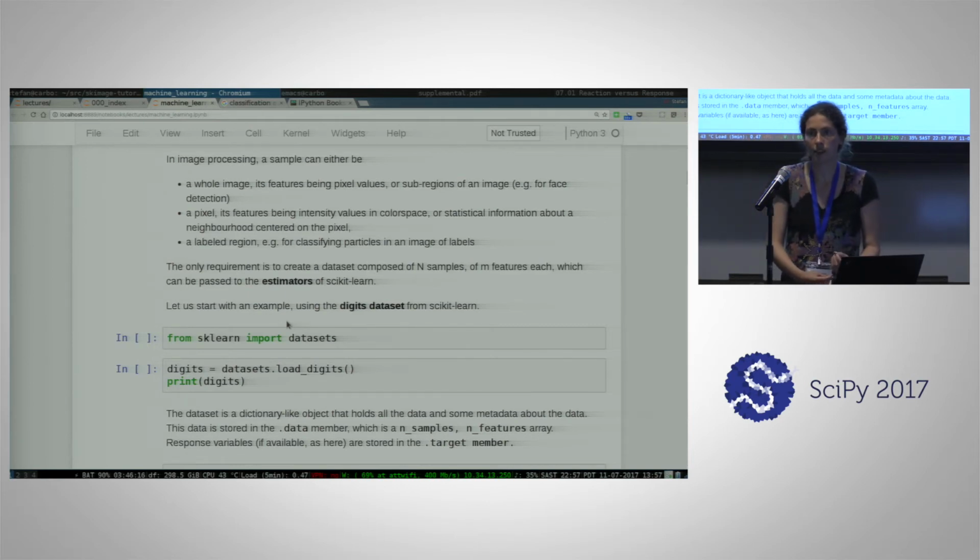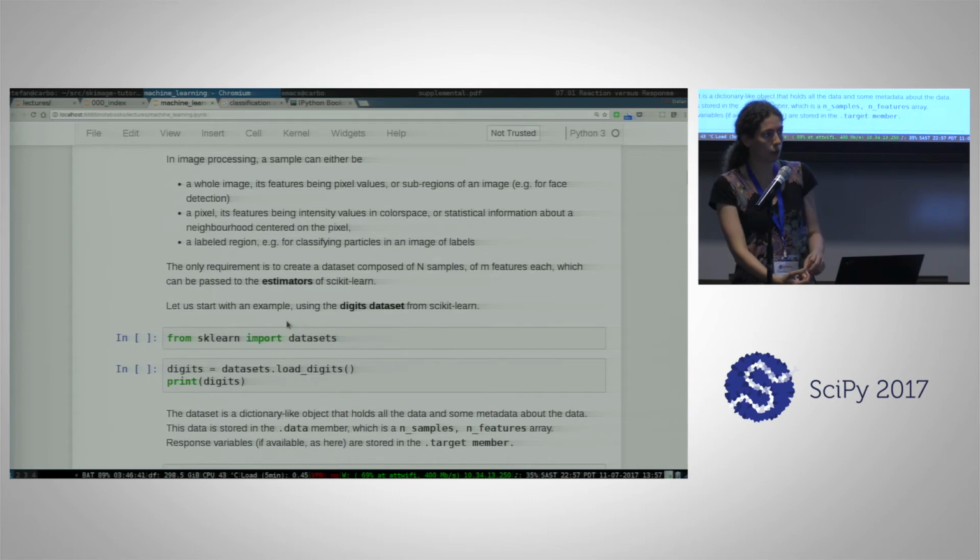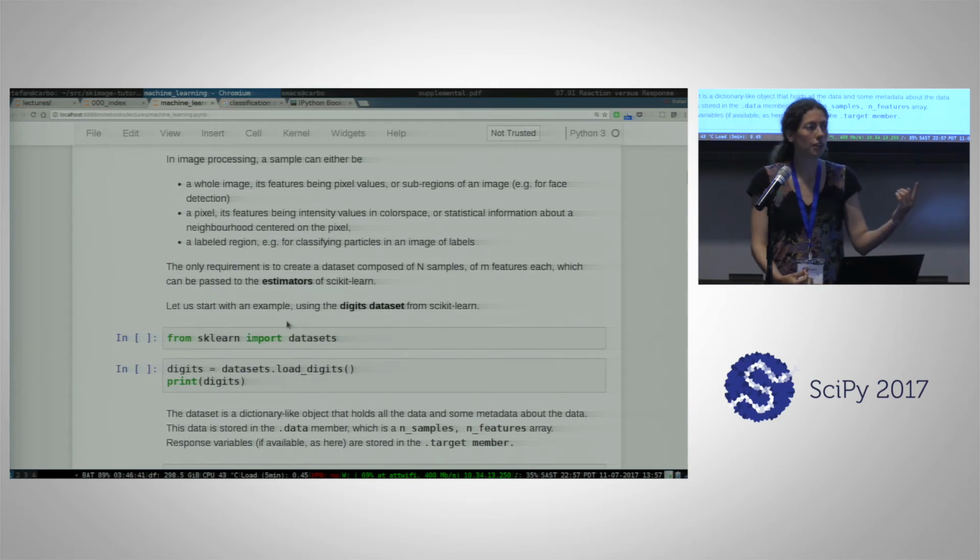If I take its RGB values, it's a triplet, which are the different features of the pixel. Or a sample could also be a labeled region. For example, in the example that Claire showed at the end, when she used the label function from measure to label the different cells, and afterwards computed the properties of the cells. These properties, like the area, length, and so on, can be features.